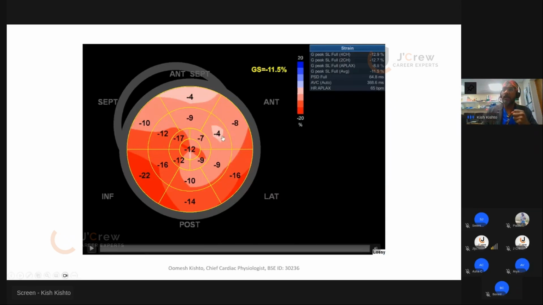But clearly, as we've seen visually, you can see here all these areas minus 4, 9, 7, 4, 8, 10. These areas are hyperkinetic, and some of them are akinetic. So this confirms nicely. That's what I like. Sometimes when you assess regional motion from what you've seen visually, this ties it up nicely and confirms everything you've seen.